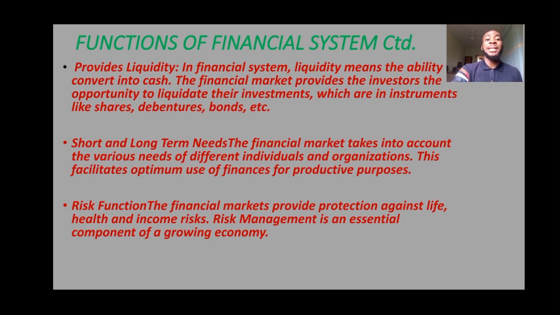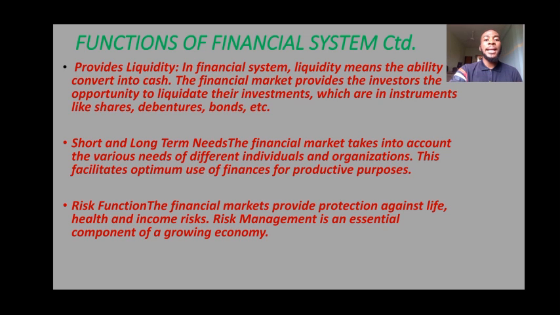Now, short and long-term needs could be short and long-term loans. Are you getting it? When we talk about financial markets, we have two types of financial markets. We have a short-term financial market and a long-term financial market. Now, short-term is known as the money market. Long-term is known as the capital market.